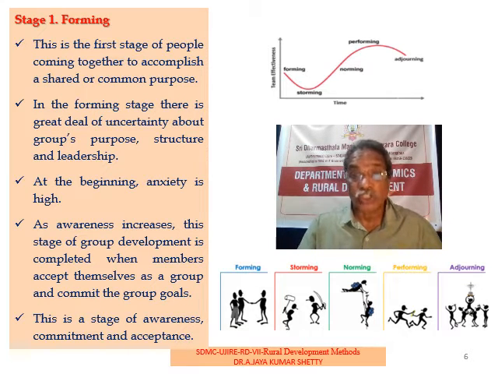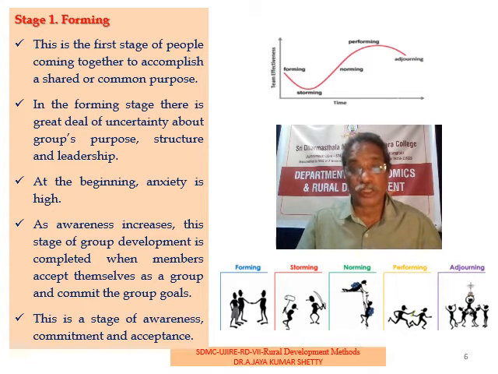Members are cautious with their behaviors, which is driven by the desire to be accepted by all members of the group. Conflict, controversy, and personal opinions are avoided even though members are beginning to form impressions of each other and gain an understanding of what the group will be or will do together.